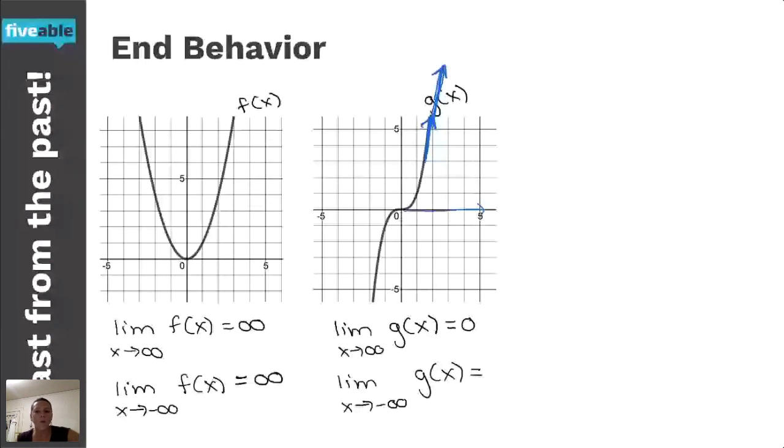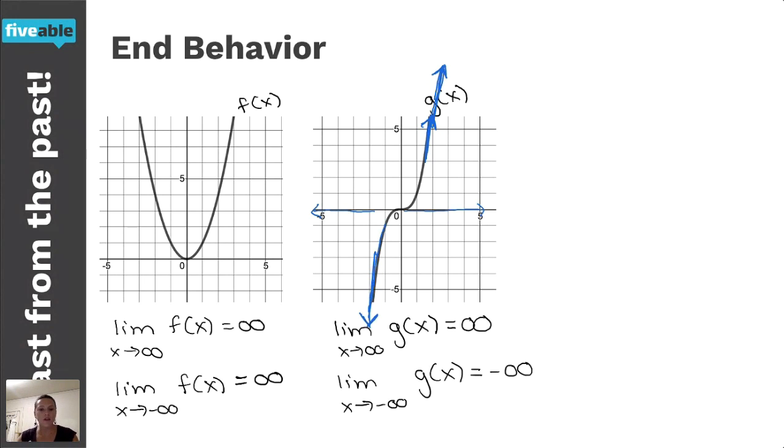What do you think about that second limit, the limit as x approaches negative infinity of g of x? Yeah, great. This time we're going to negative infinity. As those x values get larger in the negative direction, my function continues to extend.